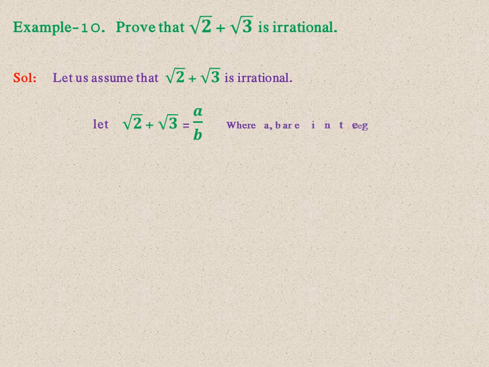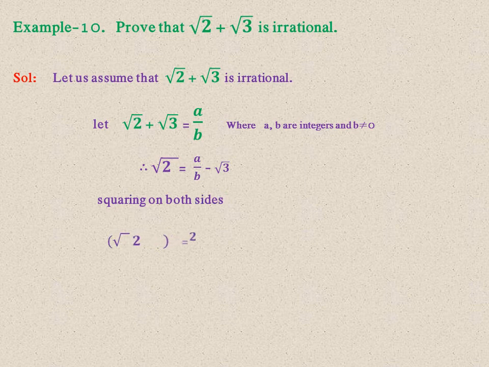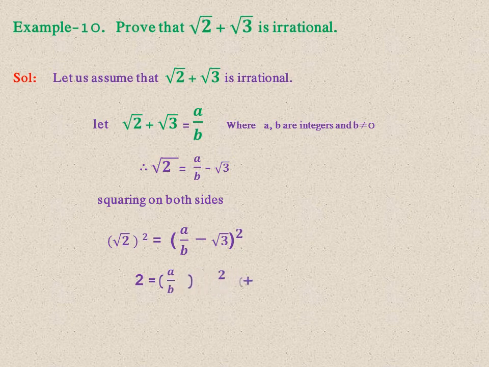Here root 3 can be transposed to the RHS, so we write root 2 equal to a by b minus root 3. Squaring on both sides, we get root 2 whole square equal to (a by b minus root 3) whole square. In the RHS, (a by b minus root 3) whole square is in the form of (x minus y) whole square.